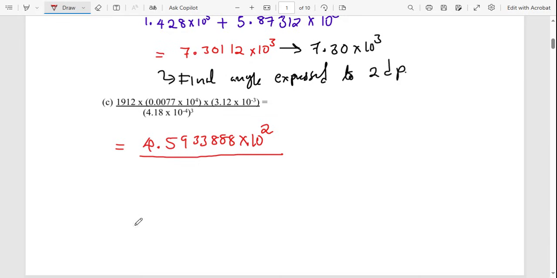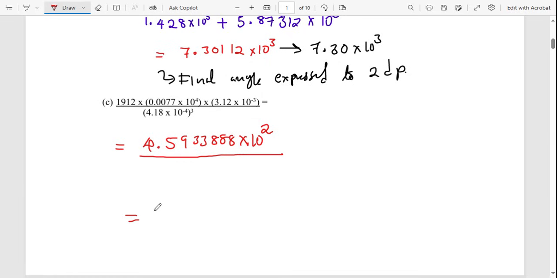But what I'm going to do is this. Let me first do something and then I come back. 4.180 times 10 to the power negative 4, and then this answer is raised to the power 3. So the answer that it has given me is a very, very big number.